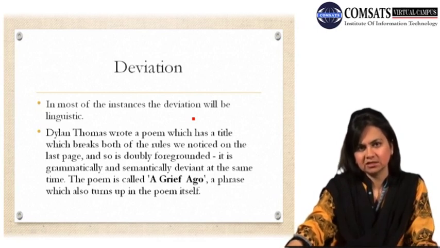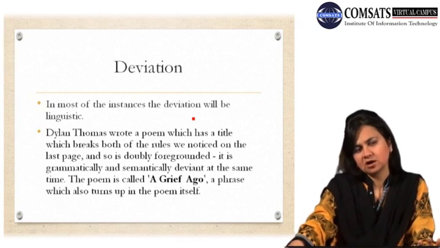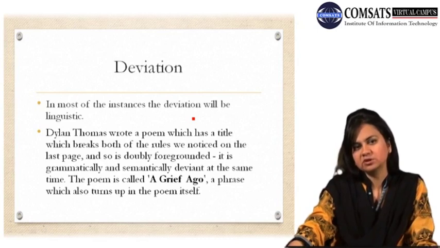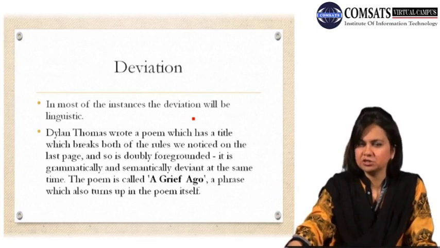We looked at it in detail in our discussion of deviation, how Dylan Thomas's expression captures our attention, and it seems a foregrounded or irregular feature, because we know that time cannot be measured with a feeling. It is measured with minutes, seconds, that is the duration of time, or years.